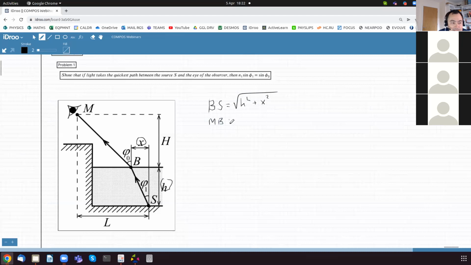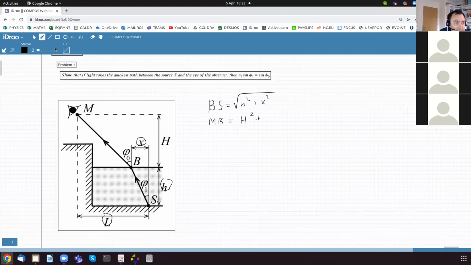MB is the square root of capital H squared plus (L minus x) squared. So this is L and this is x.